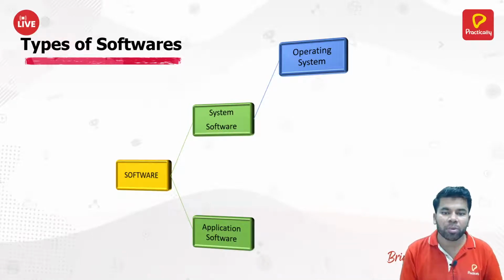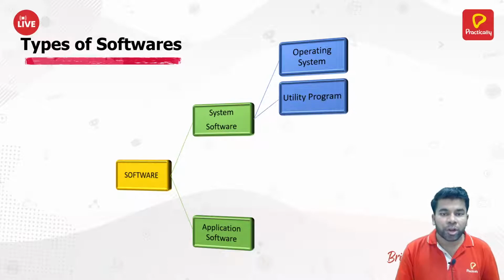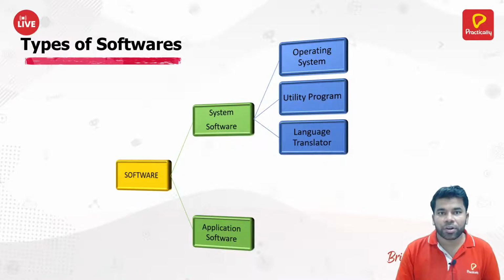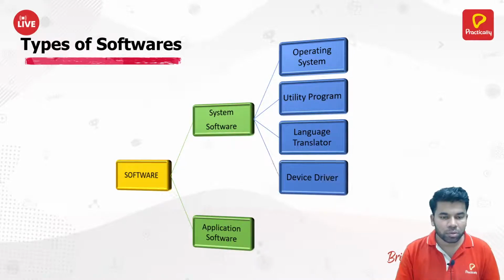These are all examples of system software. Utility programs, language translators, and device drivers are also examples of system software.